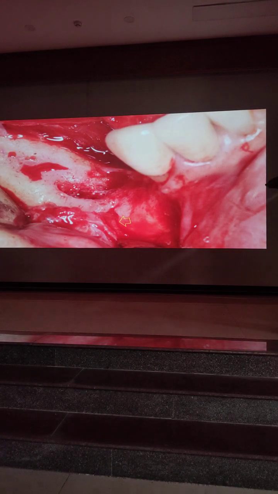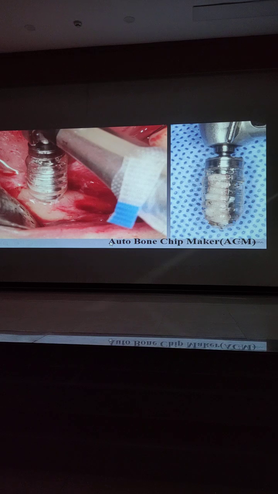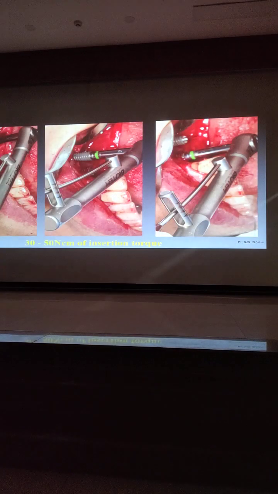The flap was elevated. There is no mental nerve here. So after osteotomy for implant placement, I use the device in order to collect some autogenous bone chips and to do decortication at the same time. This is the way. And I place the implant at the same time.